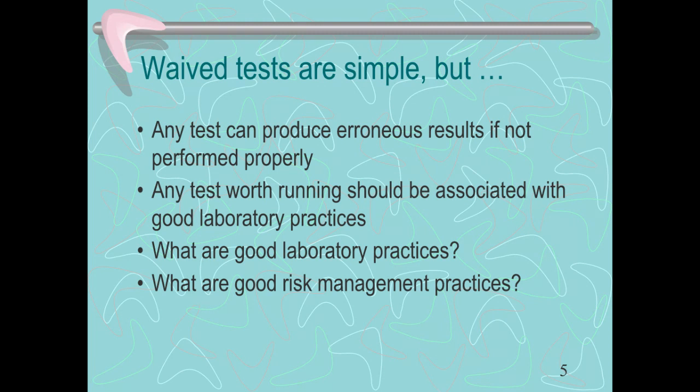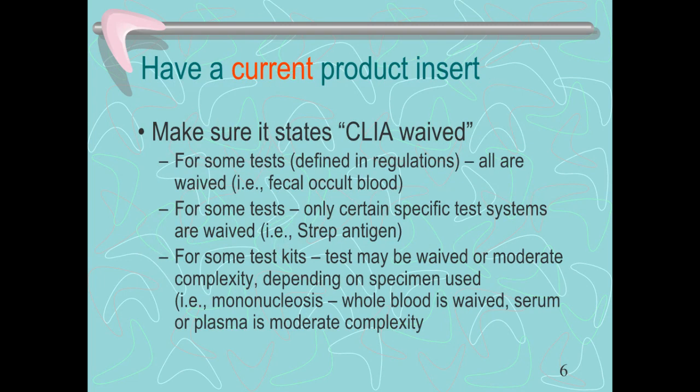So what are good lab practices and what are good management practices? We're going to talk about those things. One of the things that's part of good lab practice is to have the current product insert. Every time you get a new box of supplies, normally your tests are going to come in bulk boxes, either 20 flu swabs with the reagent and materials to run 20 rapid flus, or 25 rapid streps.